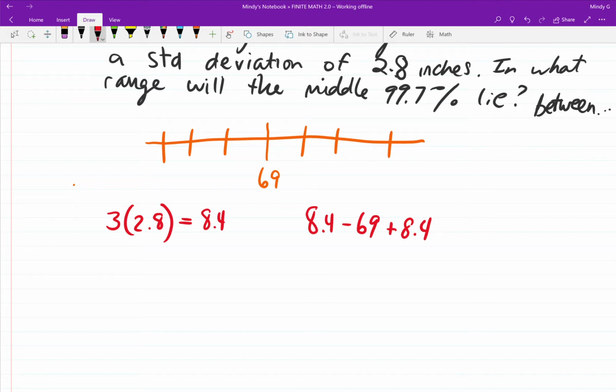Okay, so that gives us what? I didn't do the math, and I hate decimals. 60.6 and 77.4. So 99.7% of all women will fall between 77.4 inches and 60.6 inches.